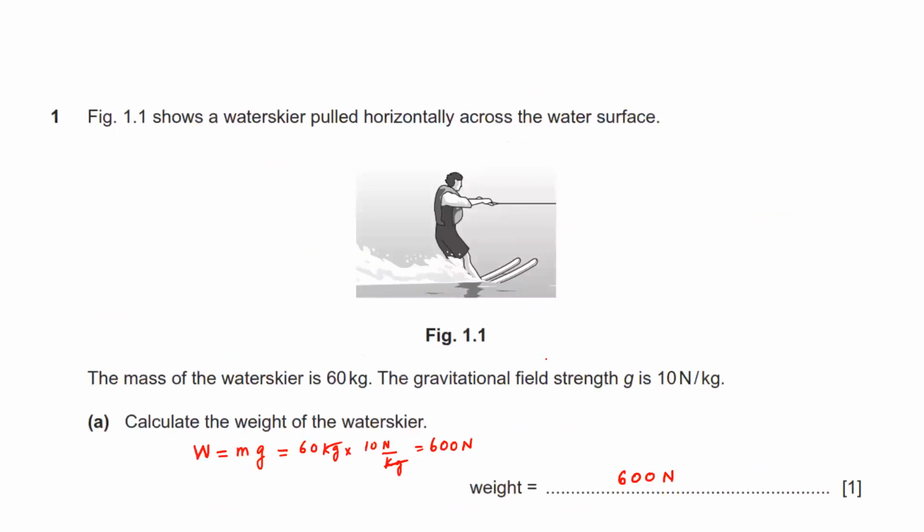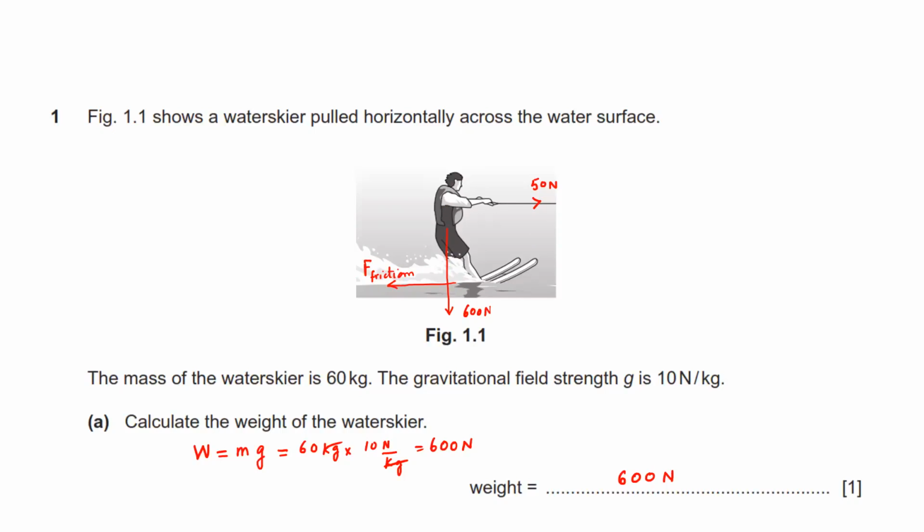So if you look at this photo, it will say that the 50 Newton is acting in this direction, and the weight of the water skier, 600 Newton, is acting in this direction. And say the water friction, force friction F, is acting in this direction.